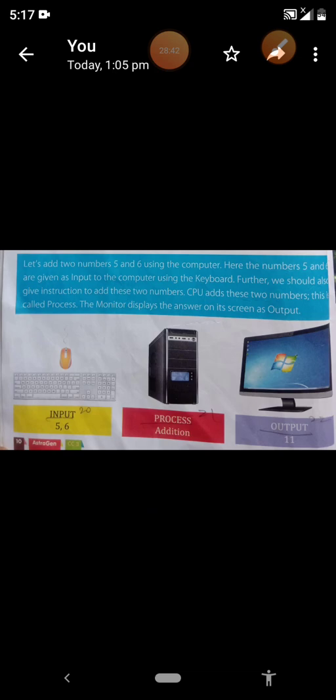IPO means input, process and output. We will see an activity on the next session about input, process, output in detail, and then in the next class we are going to see the input devices, output devices and processing devices. That's all.